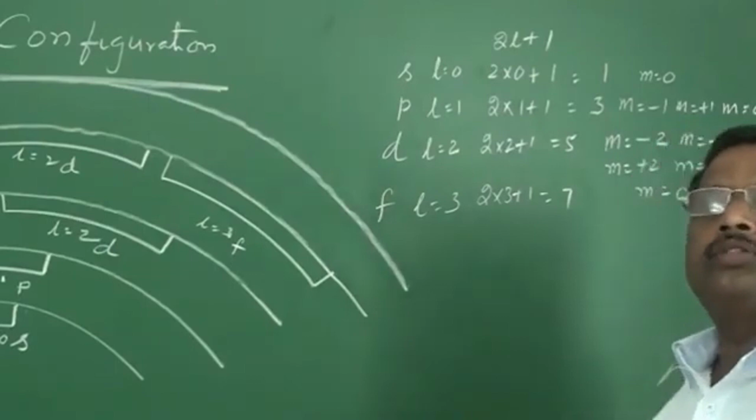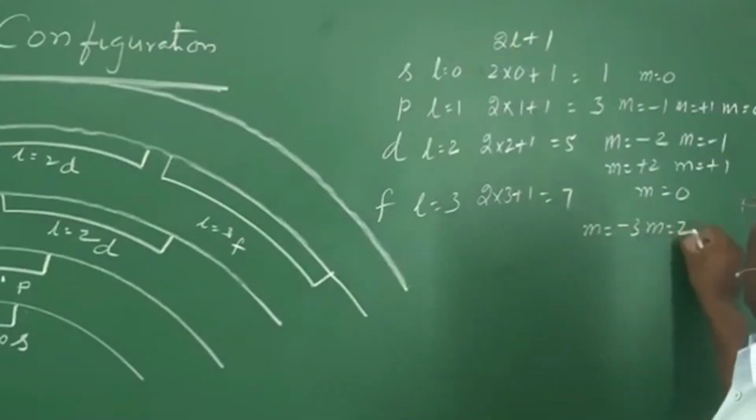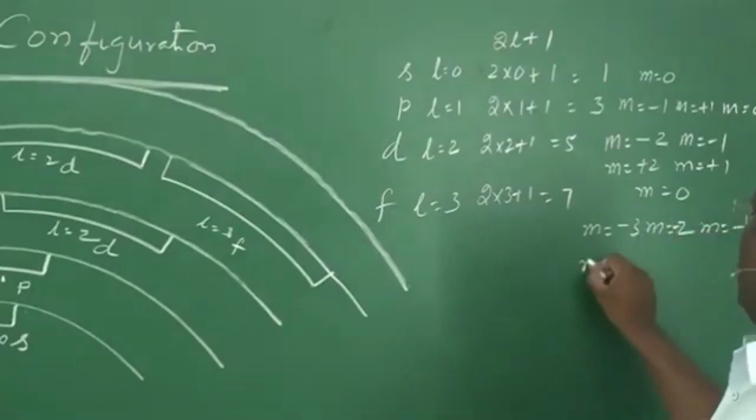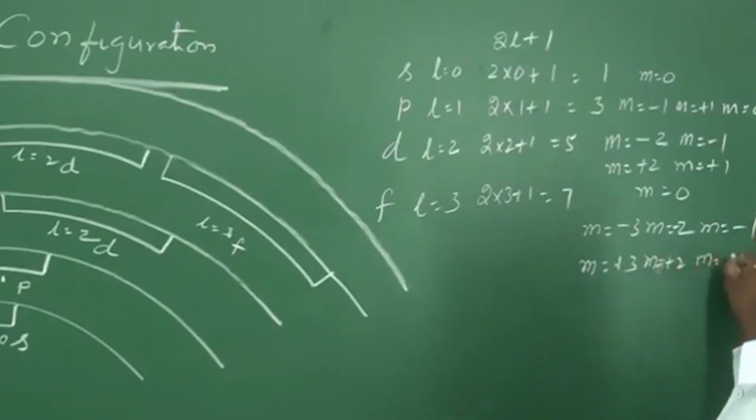Those 7 m values are m is equal to minus 3, m is equal to minus 2, m is equal to minus 1, m is equal to plus 3, m is equal to plus 2, m is equal to plus 1, total 6, plus m is equal to 0.